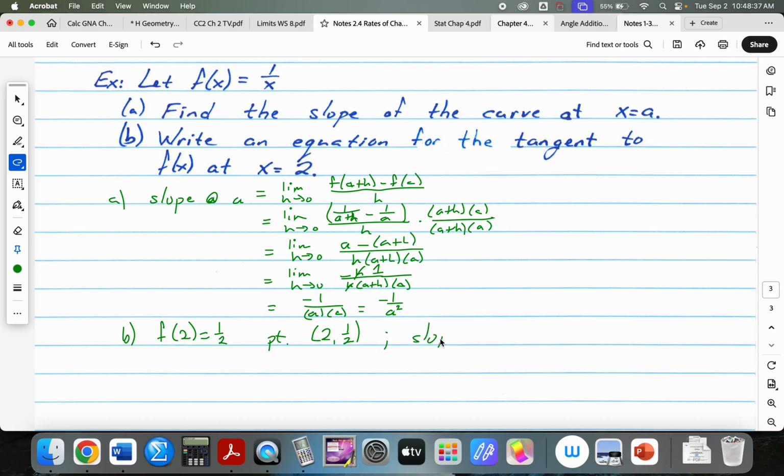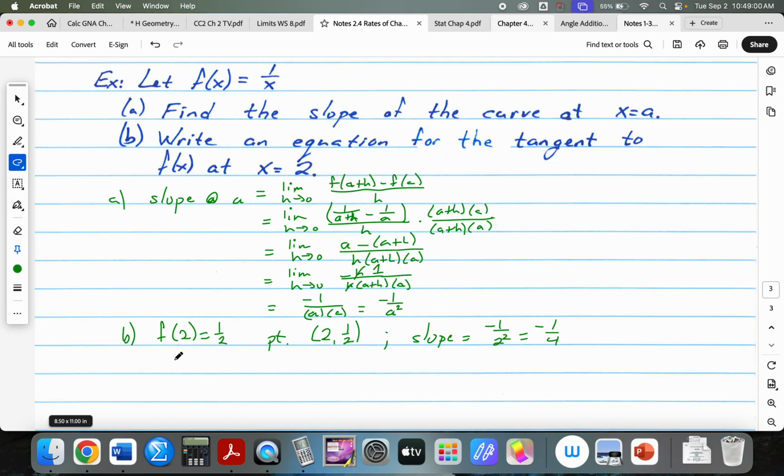And the slope is going to be, well, negative 1 over 2 squared. It's negative 1/4. Wait, where'd you get the, I'm sorry? No, I got it. You got it? Okay.